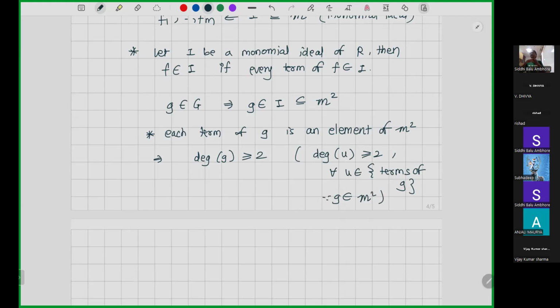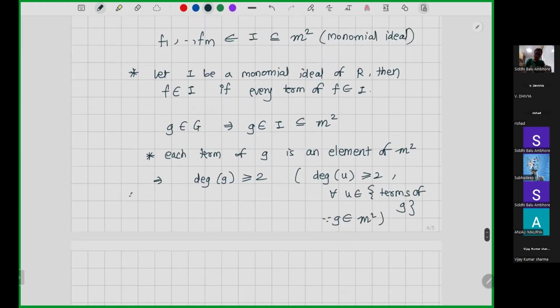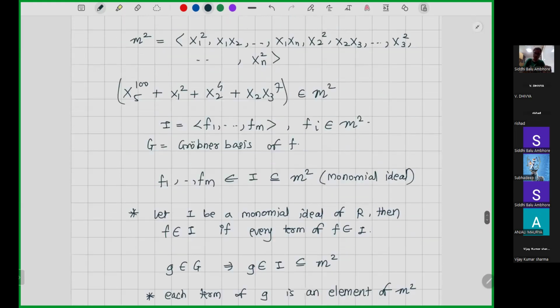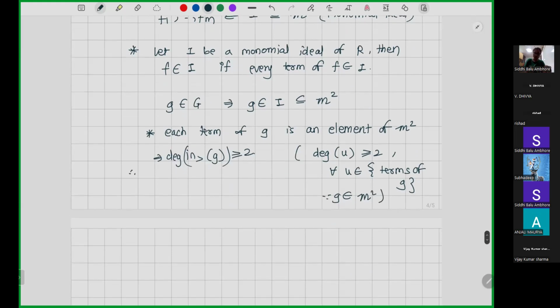And since each term has degree greater than or equal to 2, the largest possible degree, the maximum over the degrees of those terms, will definitely be greater than or equal to 2. So the degree of the initial term of G is greater than or equal to 2. Therefore, the degree of G is greater than or equal to 2.